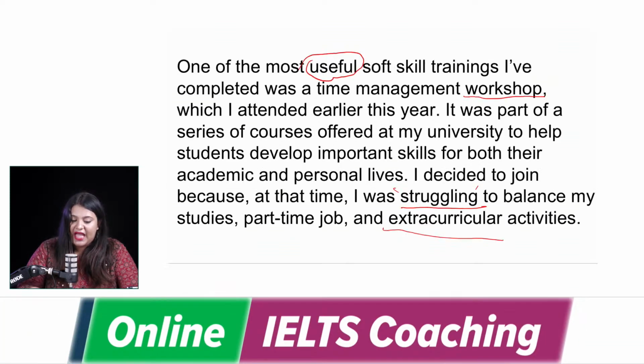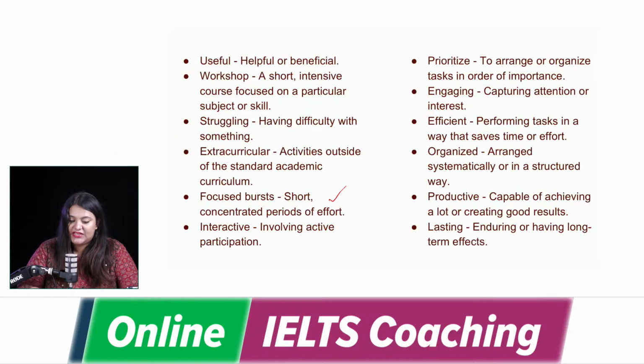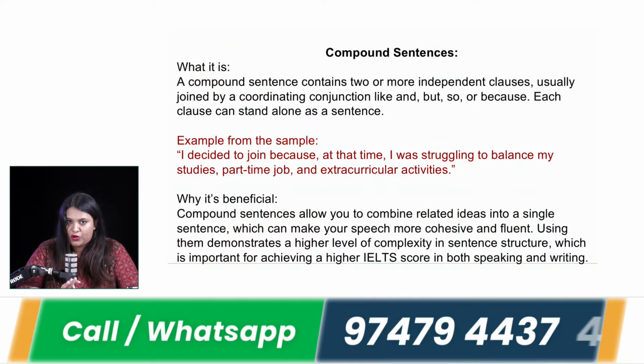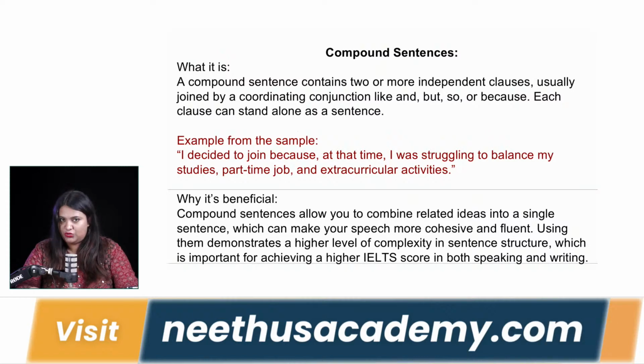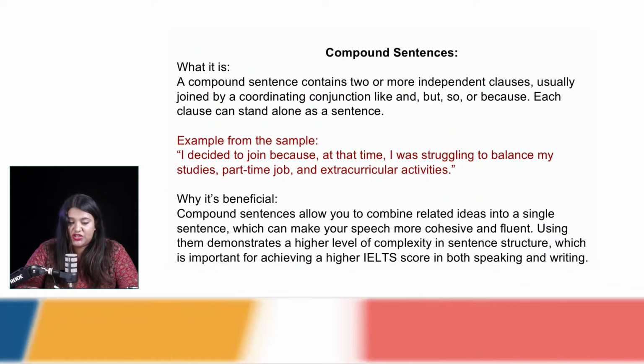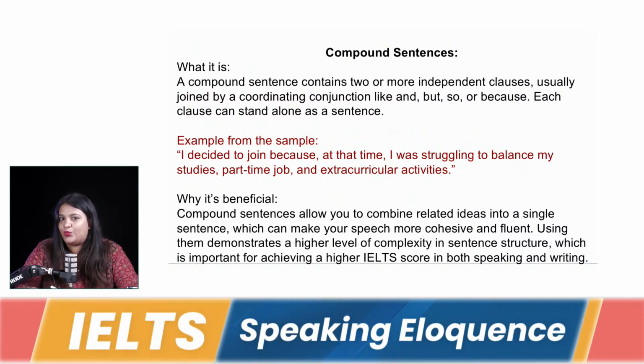Now, having discussed all these points, let's move on to the main part, that is the grammatical structures used in this particular cue card explanation. The first one I would like to bring your attention to is compound sentences. First of all, what is a compound sentence?